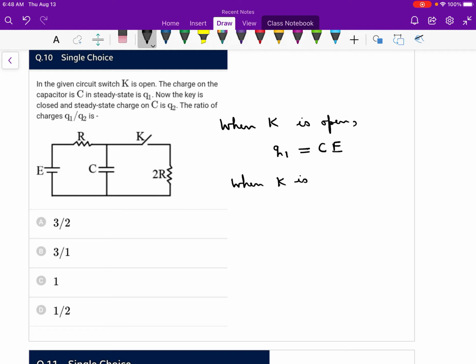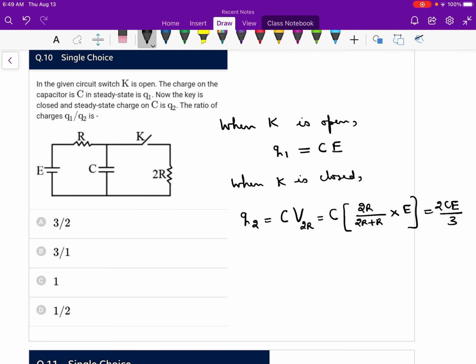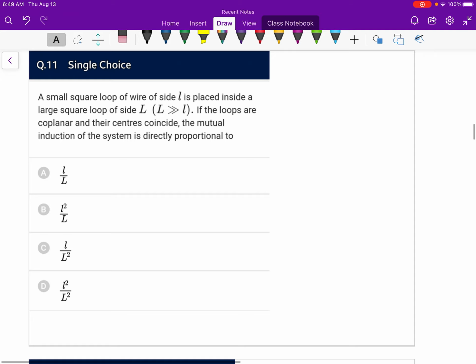When K is closed, charge on capacitor is Q2, which is C into voltage across 2R, and voltage across 2R is 2R upon 2R plus R into E, that is 2E by 3. So 2CE by 3. So now Q1 upon Q2 is CE upon 2CE by 3, that is 3 by 2. So A is the correct option.